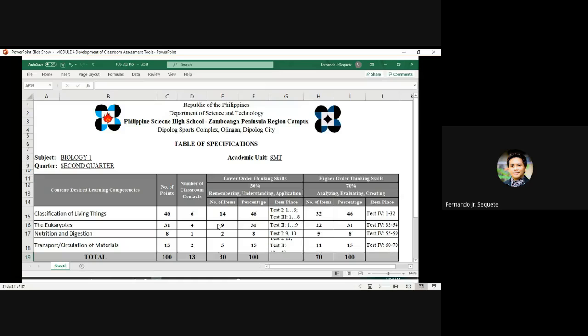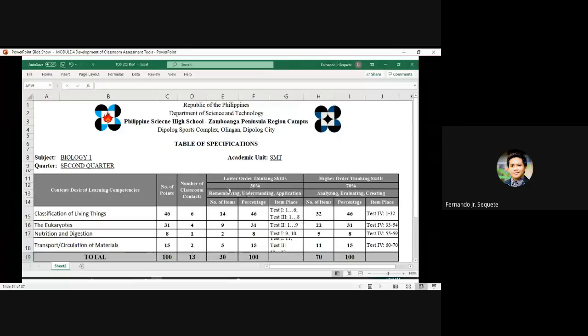Now, the purpose of using the TOS is para malaman talaga nila na yung coverage ni teacher ay nakukuha talaga for that particular exam, no? And then please take note yung lower order thinking skills, the LOTS, and then the HOTS. For the LOTS we have remembering, understanding, and application, and for the HOTS we have analyzing, evaluating, and creating.